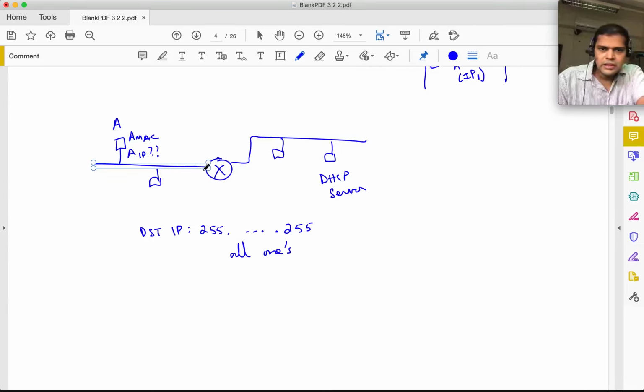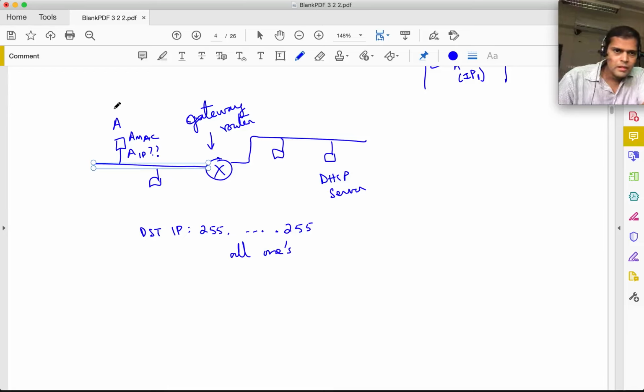The reason is that this gateway router will not forward IP broadcasts beyond its own network. And that's thankful, because you don't want to get every broadcast sent by everybody in the world. That would just flood the whole internet. So whenever you put all ones, it will only go to your local network.